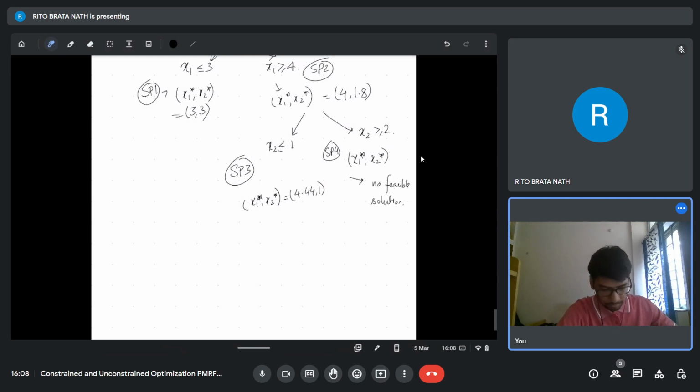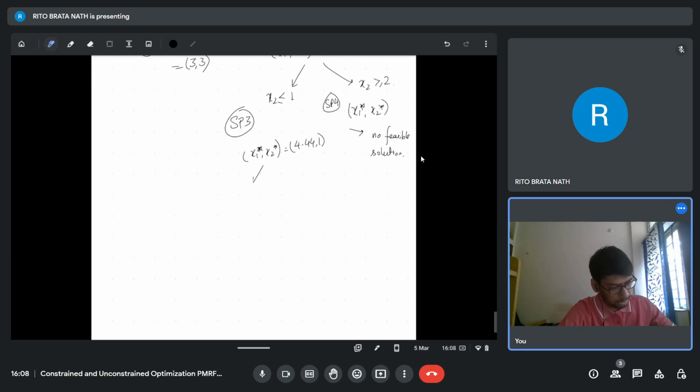And finally, you again branch based on this. That's x1 less than equals 4 and x1 greater than equals 5. So this is subproblem 5.